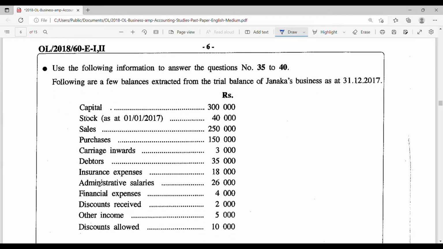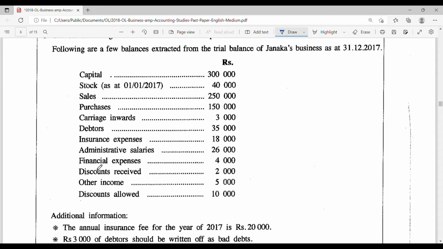Use the following information to answer questions number 35 to 40. Following are a few balances extracted from the trial balance of Janaka's business as at 31st December 2017. Now when you get a question like that, don't first jump into the MCQ. First read each line item so you are aware of what the cost items and the income items are.